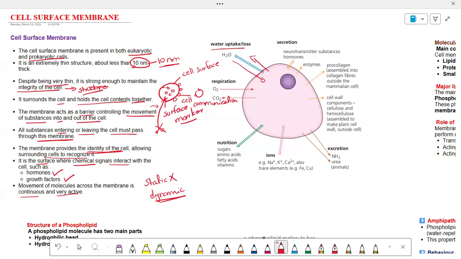Or exchange of gases, respiration, very important. It allows the exchange of gases: O2 has to enter the cell and CO2 moves out of the cell. Then there is nutrition: sugars, amino acids, fatty acids, vitamins all move in and out of the cell according to necessity.